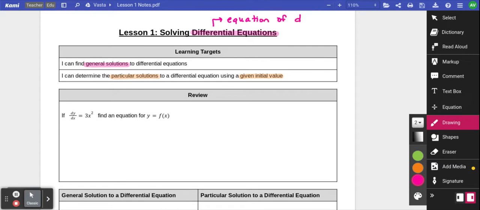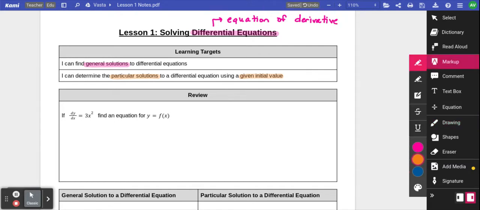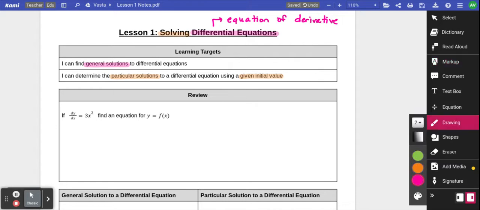When we are asked to solve a differential equation, so when the directions say solve, what we're really being asked to do is to find the original equation, f of x or y, depending on the notation. So in other words, we're just finding the antiderivative. So finding the original is the same thing as solving a differential equation when you're given the equation of the derivative.